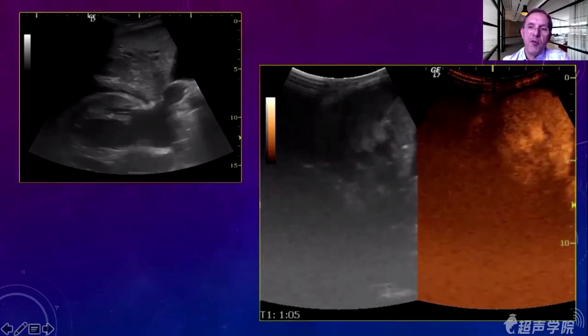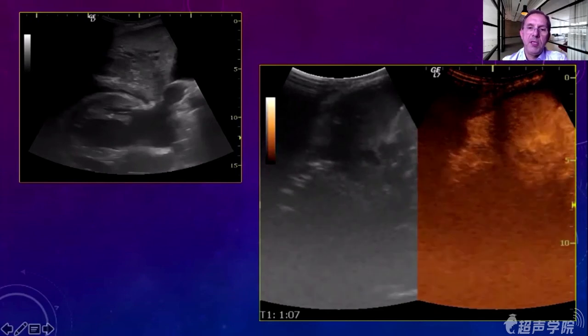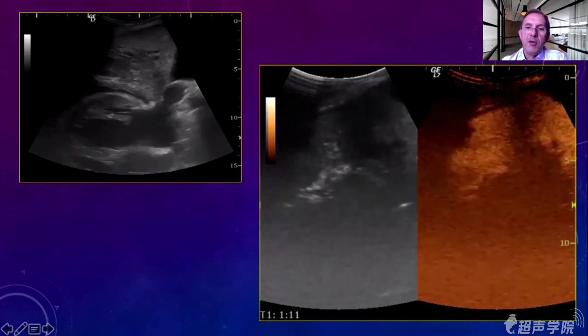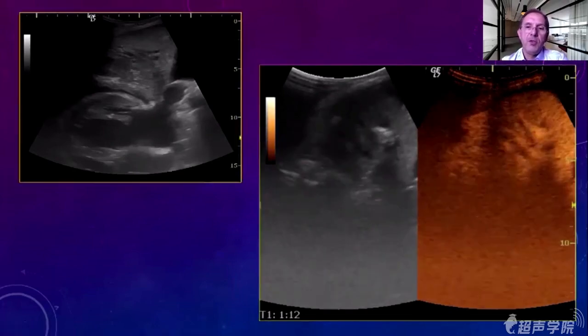You see here the tip of the needle. The information obtained by contrast enhanced ultrasound is very useful to detect the tumor, but also to avoid a large vessel.